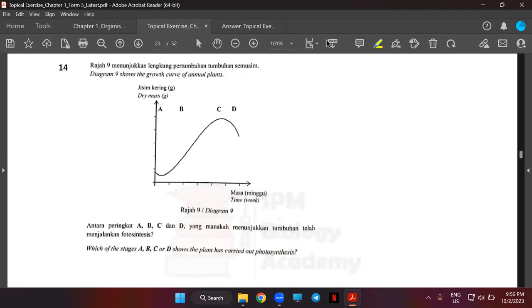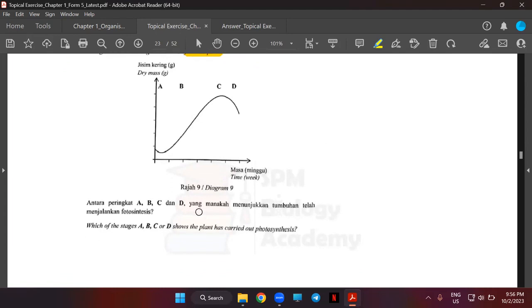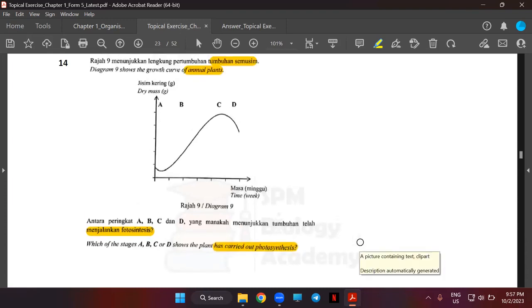14. Rajah 9 menunjukkan lengkung pertumbuhan tumbuhan semusim. Annual plant. Okay. Alright. Antara peringkat yang manakah menunjukkan tumbuhan telah menjalankan photosynthesis? Which of the stage show the plant has carried out photosynthesis? Jadi bila dia melakukan photosynthesis, I think you know the answer. What is the answer, class? Carried out photosynthesis, daun sudah keluar, maka dia melakukan photosynthesis.